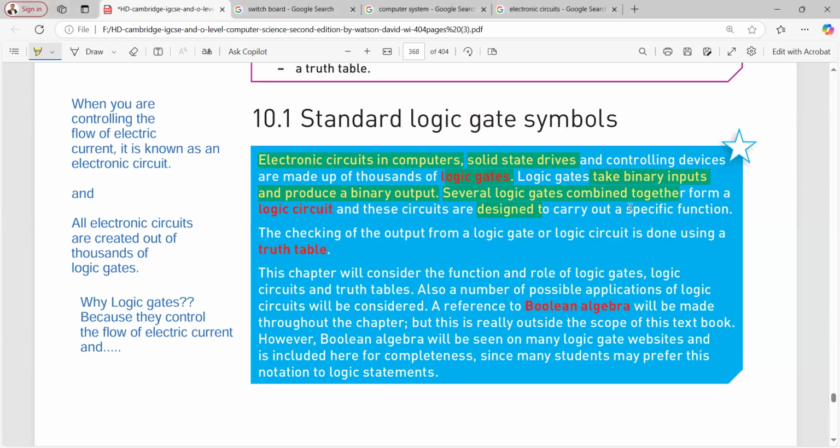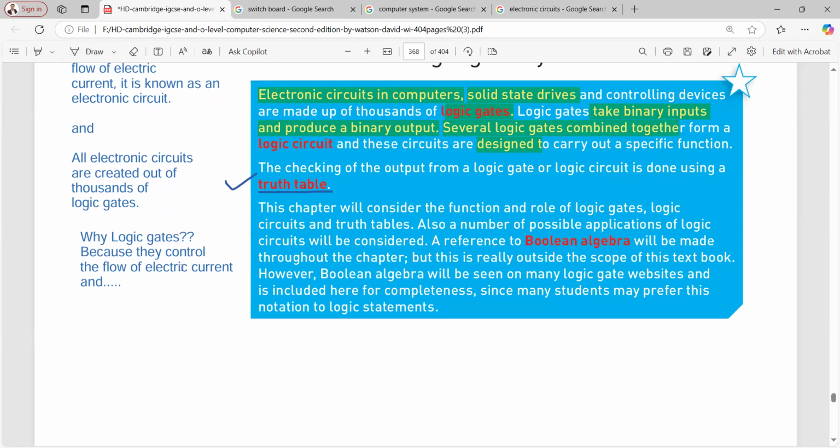Now the table which is going to display the results, or show you the outputs, or the desired list of values, is known as a truth table. We call this Boolean algebra because when we consider the function and roles of logic gates or logic circuits, Boolean algebra is basically a way to write them.